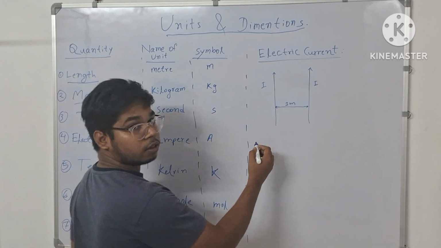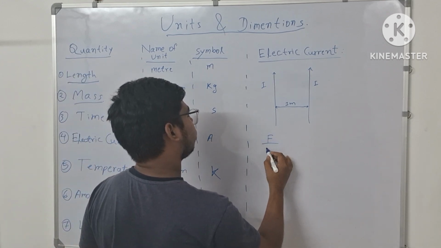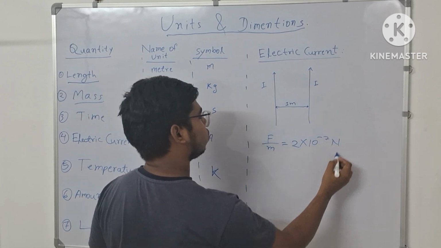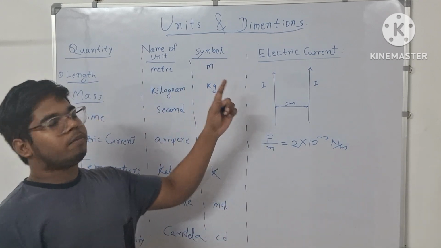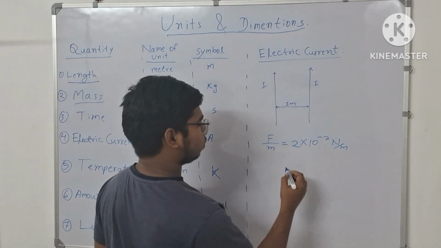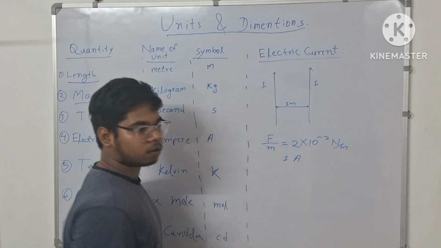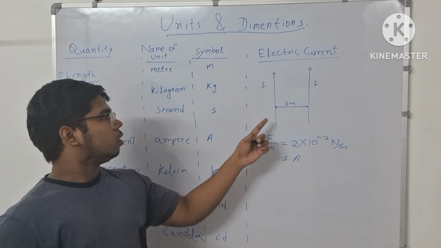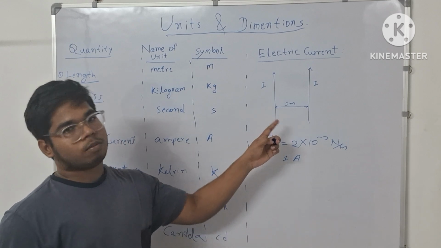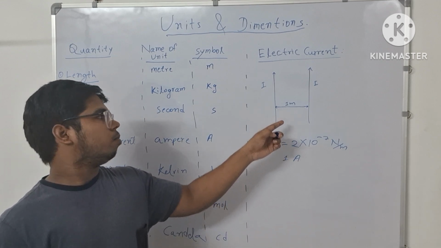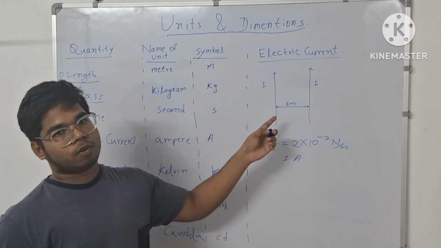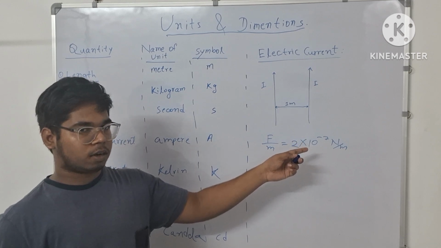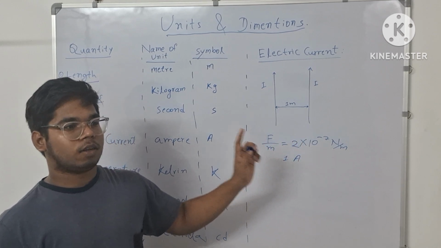When that force per unit length is equal to 2 into 10 power minus 7 Newton per meter, then that amount of current is known as 1 ampere.